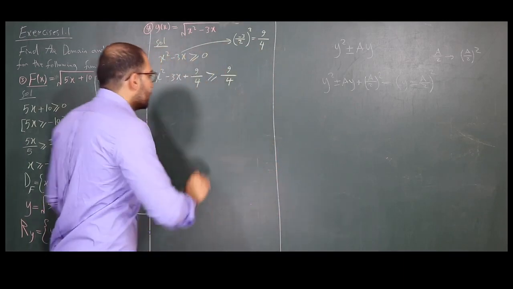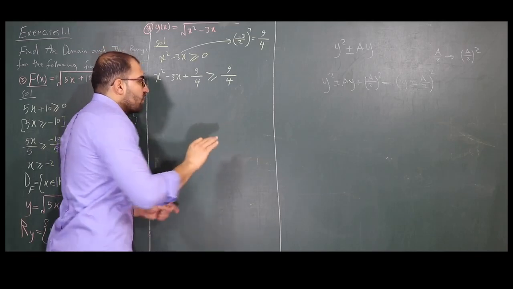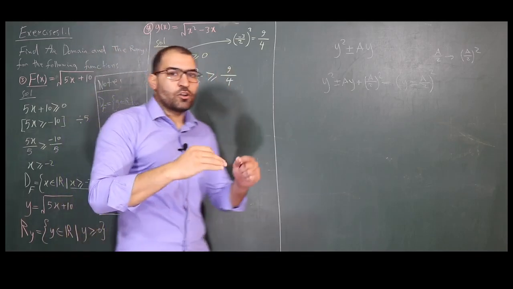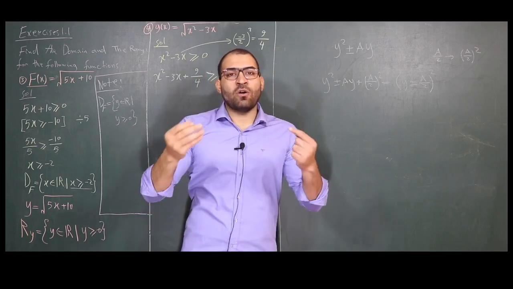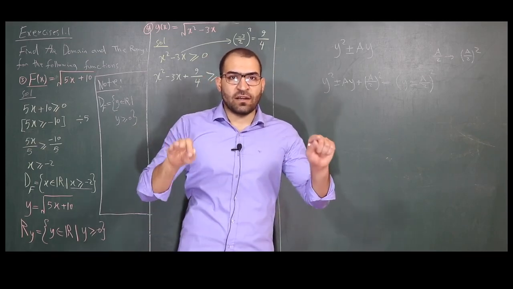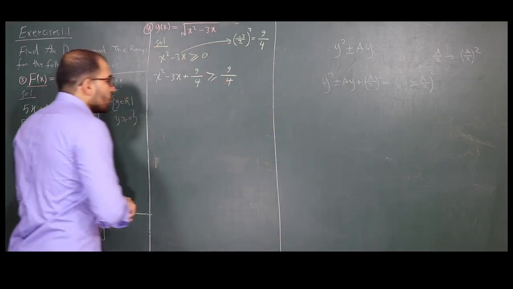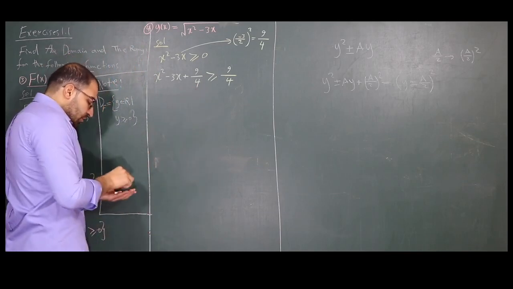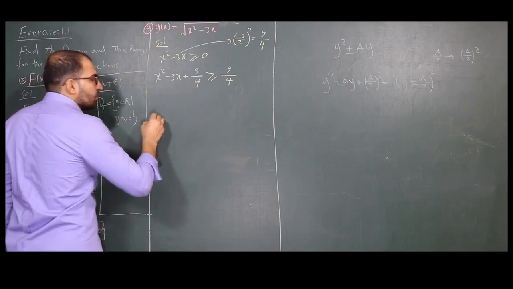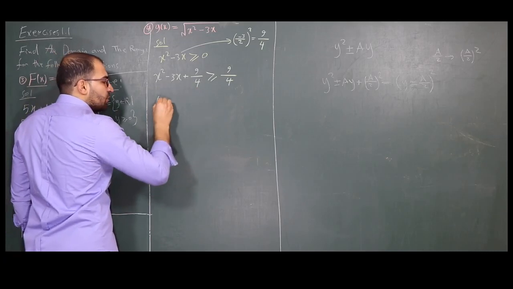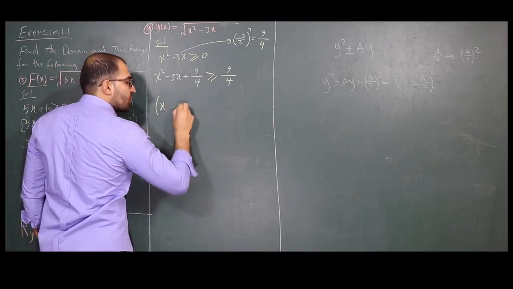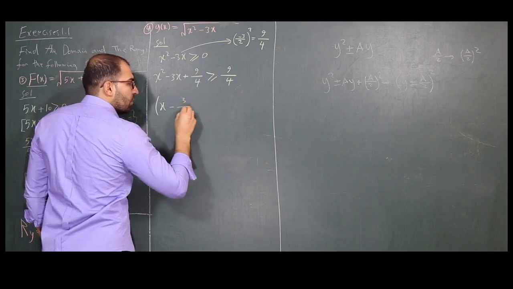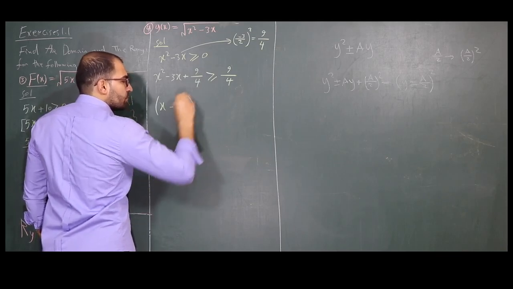I don't change this expression. I have a true statement. To produce another true statement, I have to add or subtract equal values. So from the left side, I'm going to get (x minus 3 over 2) squared, the square root of 9 over 4 being 3 over 2.